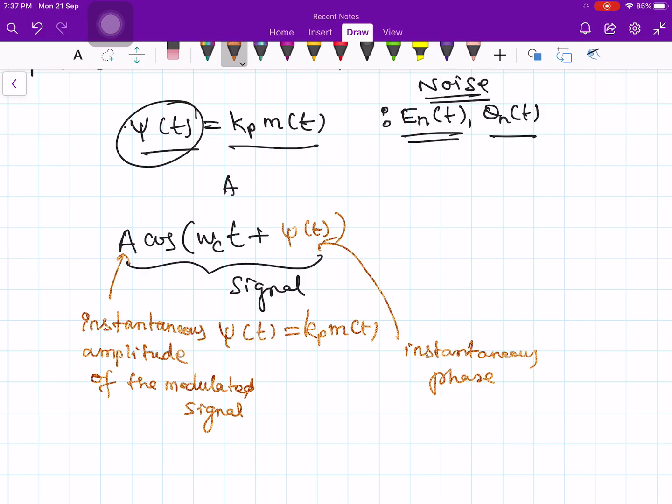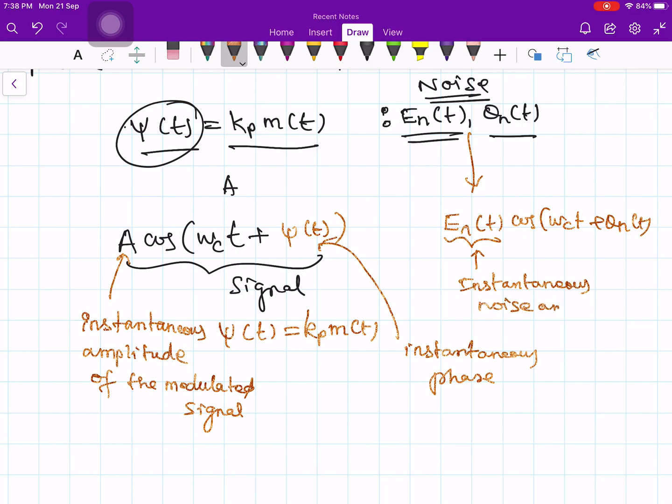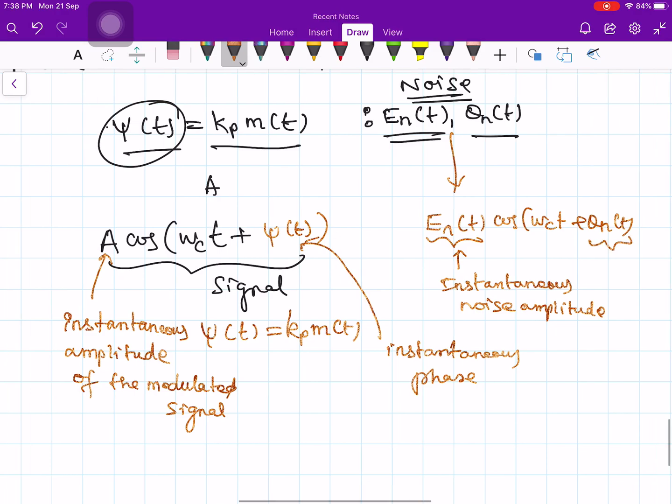Similarly, for noise, I have E suffix n of t cos of omega c t plus theta n of t, and this is instantaneous noise amplitude. Instantaneous noise amplitude. And this one is instantaneous phase.